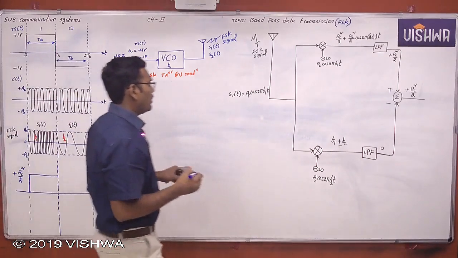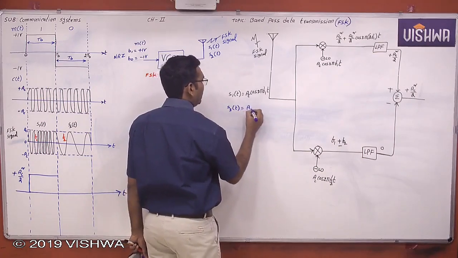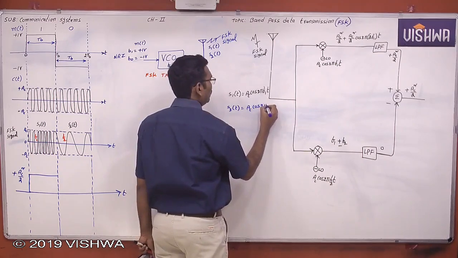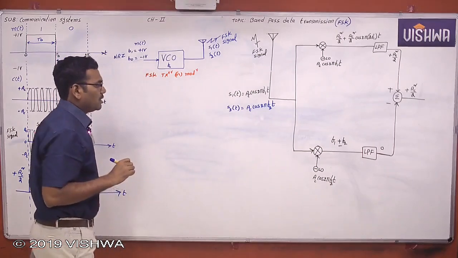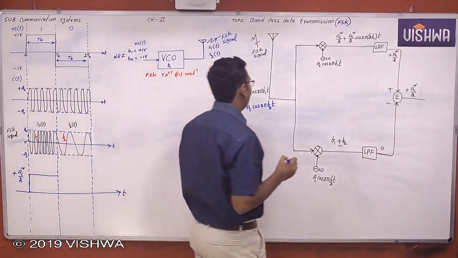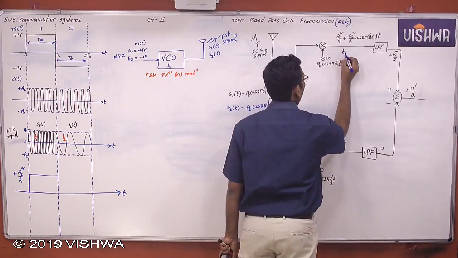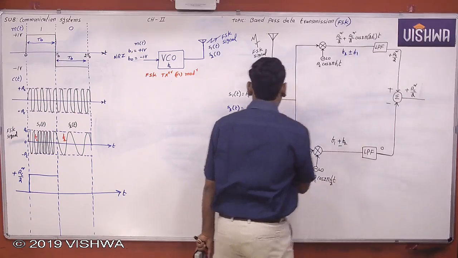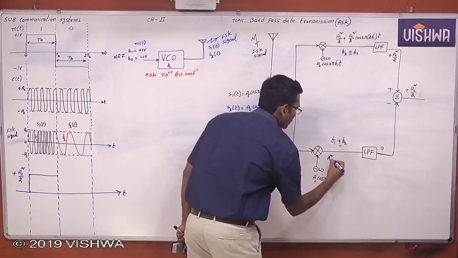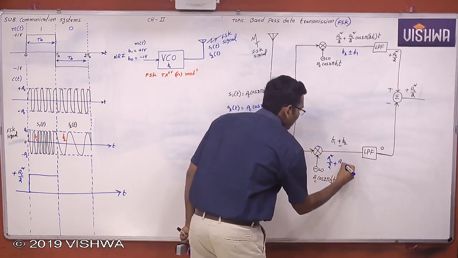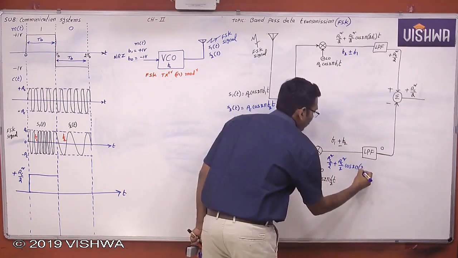Now for S2 of t, what happened? What is S2 of t? S2 of t is AC cos 2 pi F2 into t. So this is F2. Here we would have F2 plus or minus F1, but here F2 is the same. So this is AC square by 2 plus AC square by 2 into cos 2 pi into 2F2.